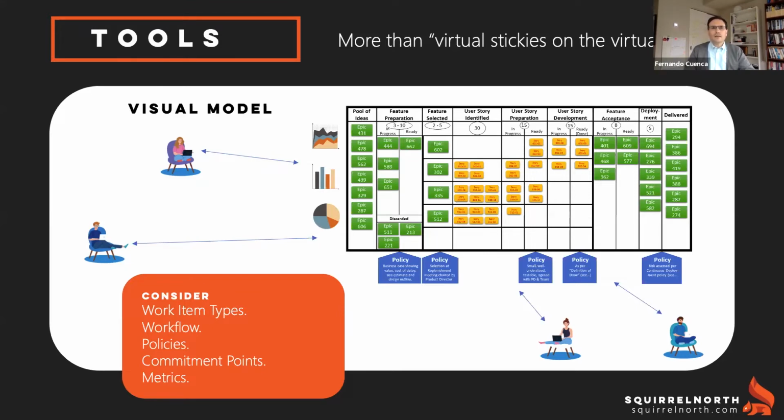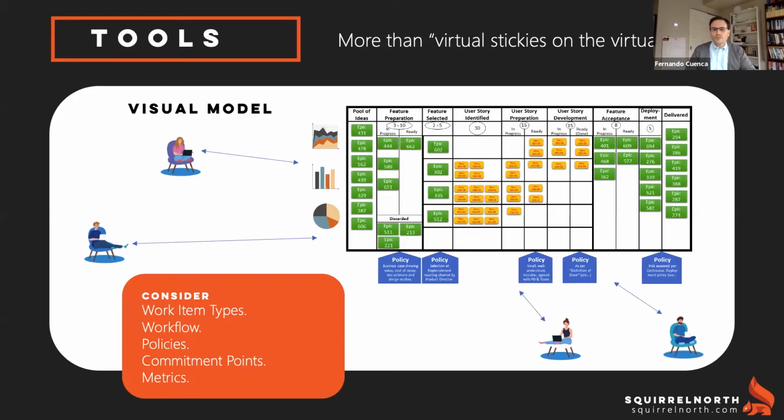Any Kanban tool will have this as the very basic entry point. It's the low bar of entry. But the important point to realize is that what distinguishes really low maturity tools from higher maturity tools, like the ones you will hear next, is their ability to represent a rich visual model of your work. The board that you have on the wall is not just stickies.